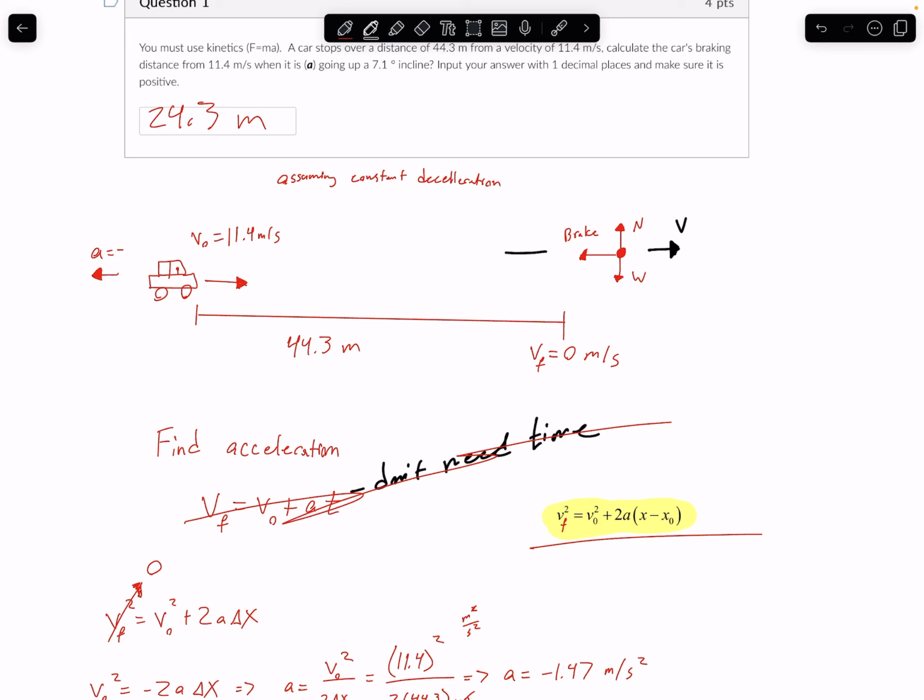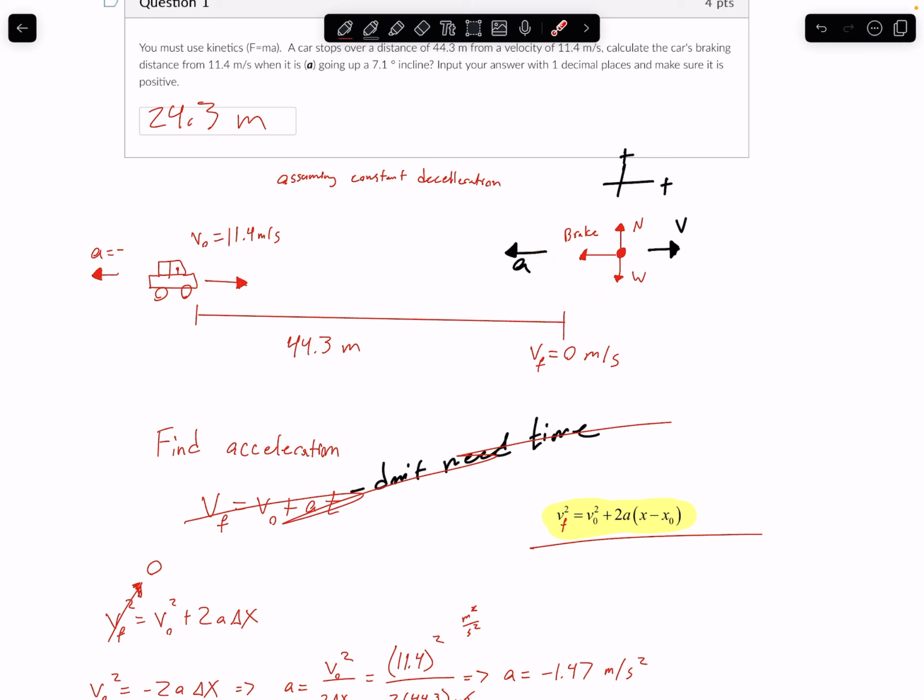I'd also put that we want acceleration that way, positive. So here our objective is to find the acceleration, and then use that acceleration to determine our braking force.